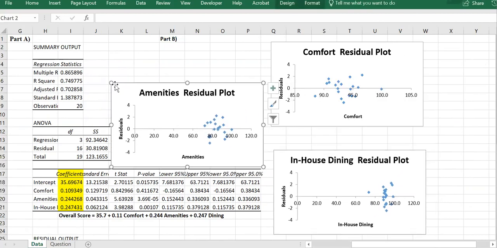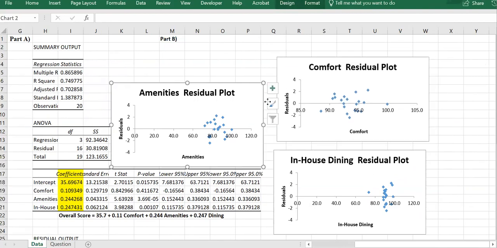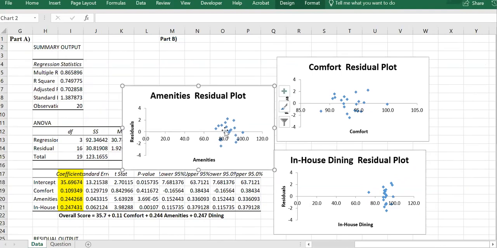When you look at the residuals, we need to make sure that the residuals are symmetrical around the mean of 0, and the variance is constant as we go from left to right, so we should have approximately equal number of points above and below 0. So, I mean, this one looks good.